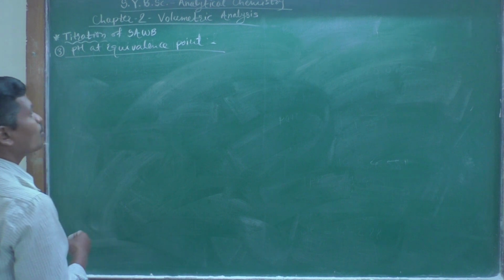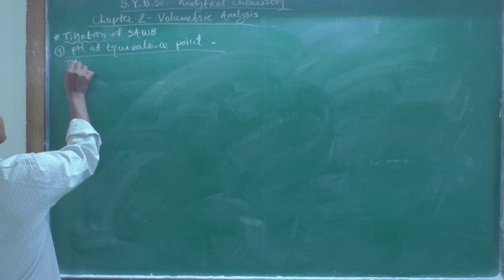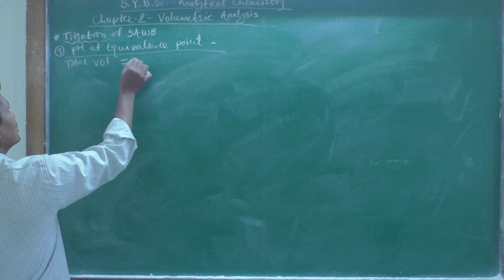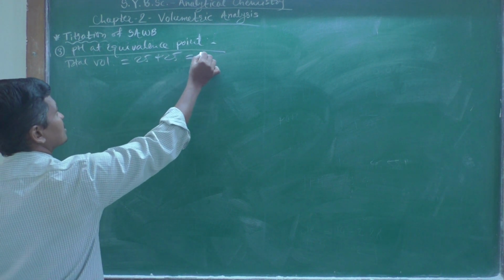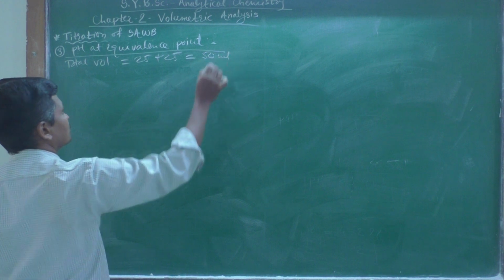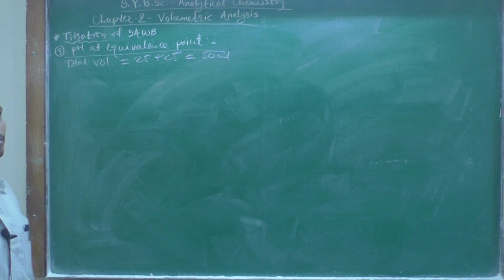So the total volume in this case will be 25 plus 25, both acid and base, equal to 50 ml.